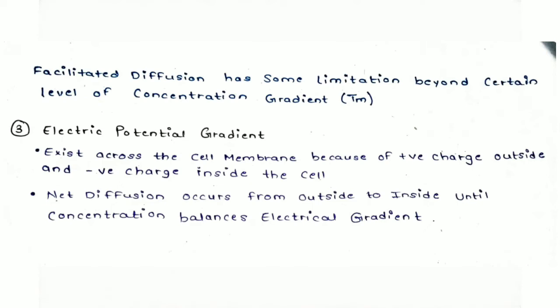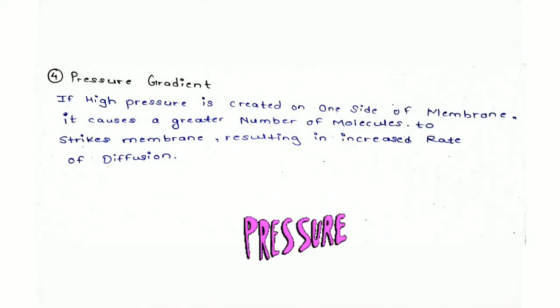So the net diffusion occurs from outside to inside until the concentration gradient balances the electrical gradient. The fourth factor is pressure gradient. If higher pressure is created on one side of the membrane, it causes a greater number of molecules to strike the membrane, resulting in an increased rate of diffusion.